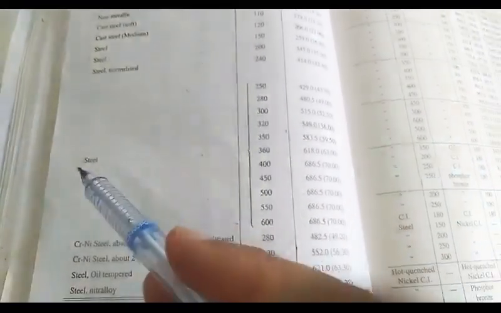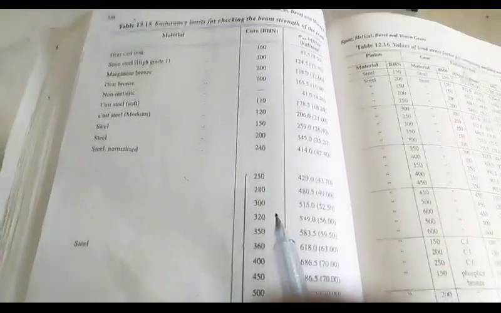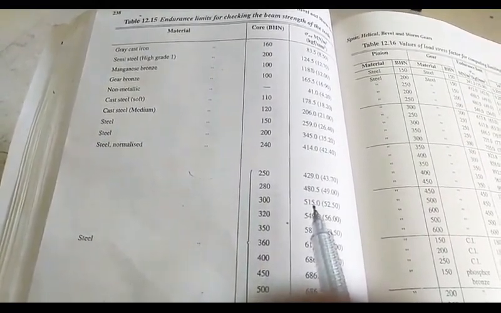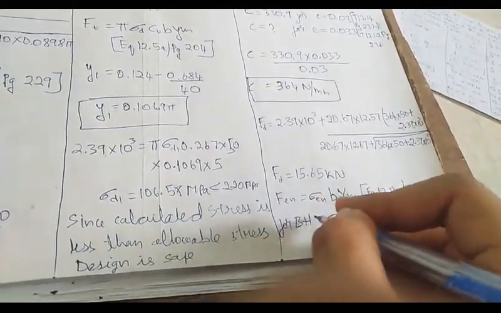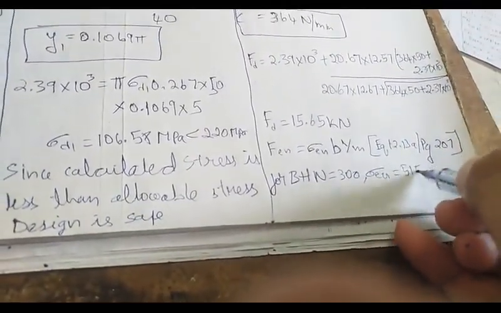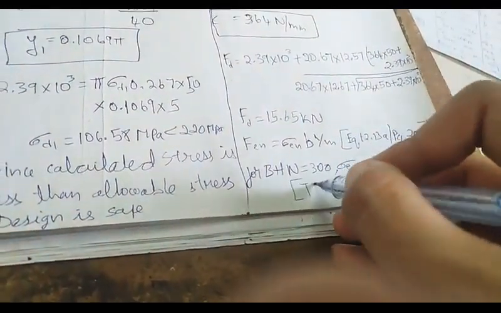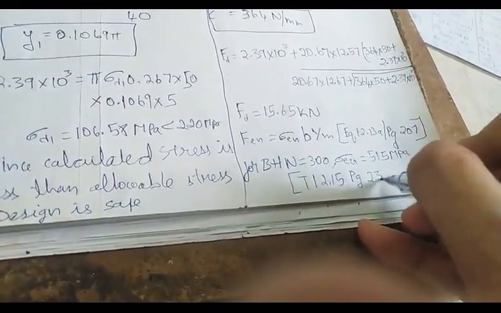For all the materials they have shown steel, and for steel and hardness 300, I am taking the endurance stress as 515 MPa. This is from table 12.15, page number 238.